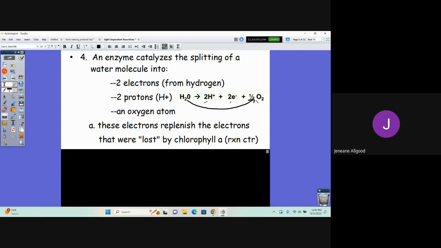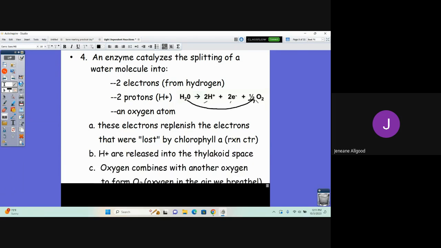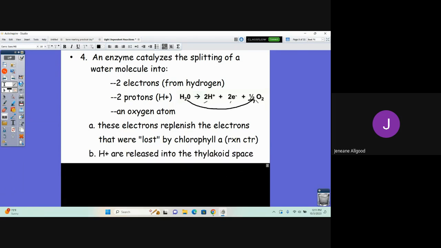So the electrons are going to replenish the electrons that were previously knocked loose from chlorophyll A. Because remember, if chlorophyll A kept getting pairs of electrons knocked loose, eventually chlorophyll A would run out of electrons. And so to replenish that, we are going to split water, and the electrons from hydrogen from water are going to replenish those electrons in photosystem 2. Okay, H pluses will be released into the thylakoid space.